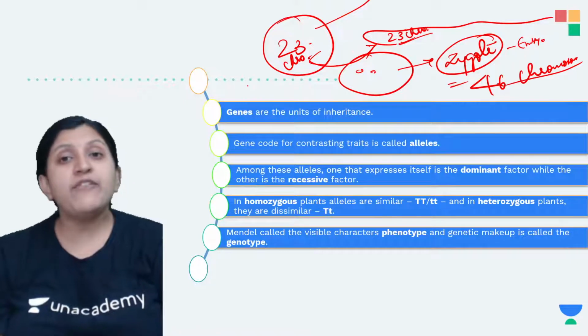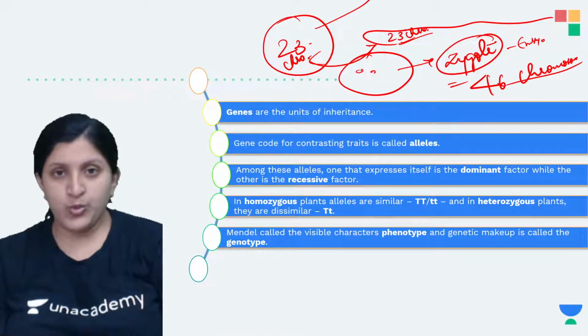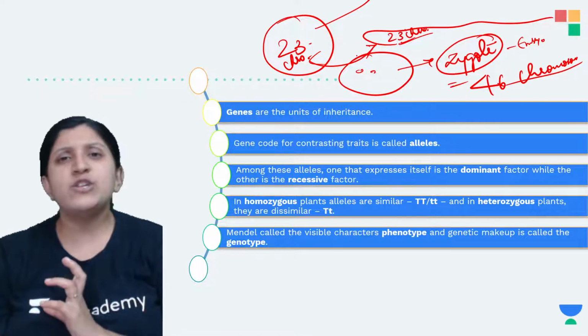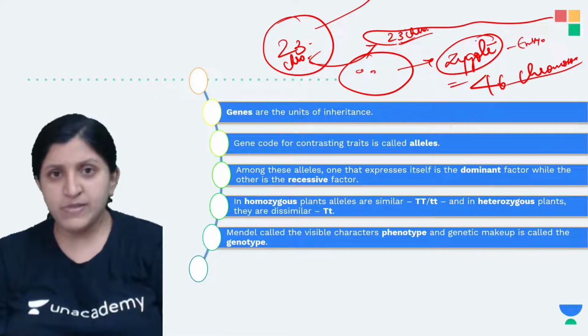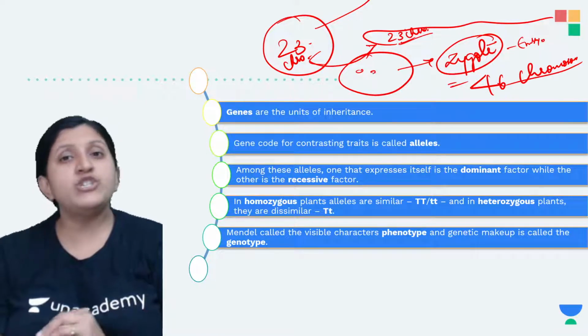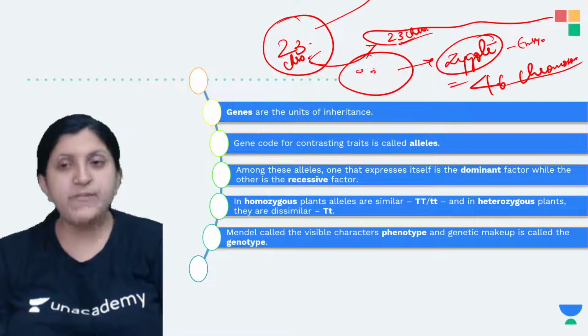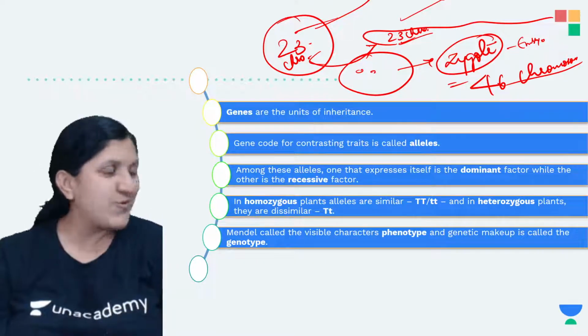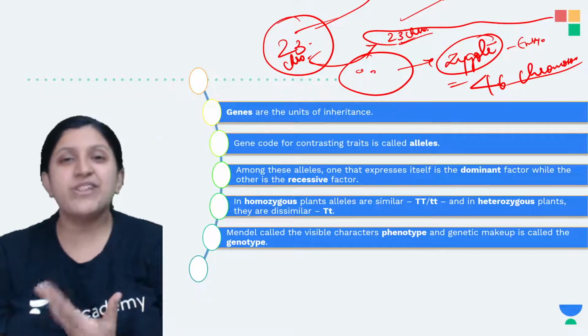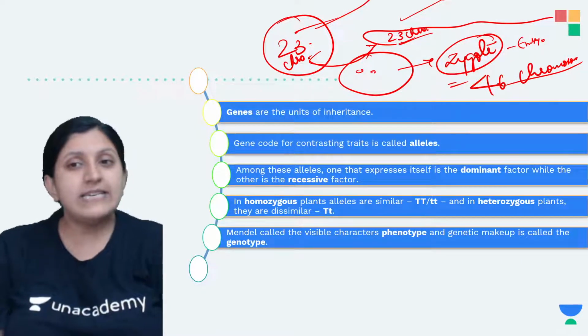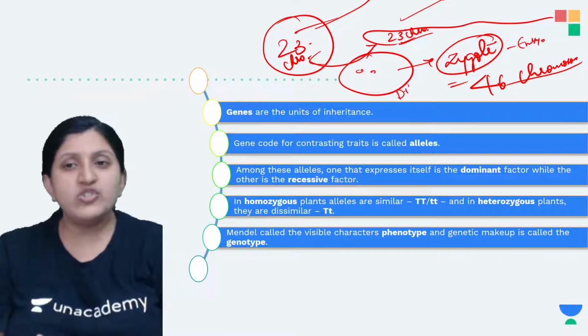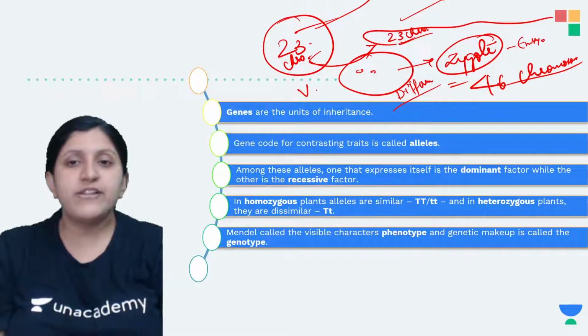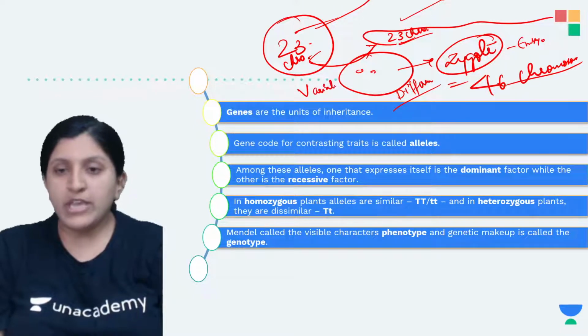So the zygote is not just made of egg or sperm; it is the combination of both. These 23 and 23 chromosomes express themselves in their own way, and that's the reason this child is slightly different from its parents. That difference itself we call a variation.